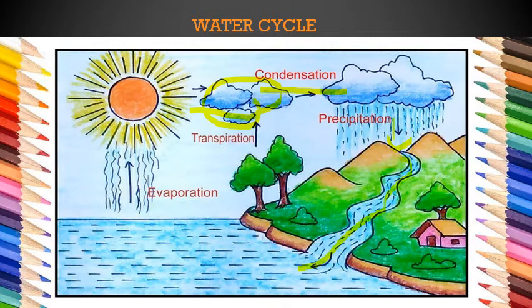It is an easy concept. The water from the ocean or the seas goes up, becomes clouds, and after becoming the cloud, it condenses and precipitates as rain, and it comes back to the ocean or the sea. This is called the water cycle.